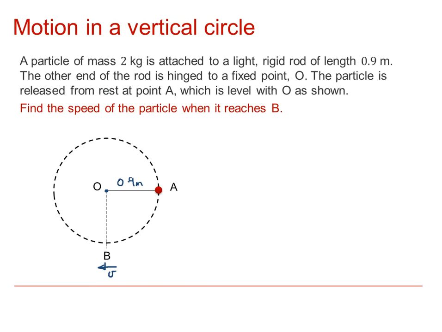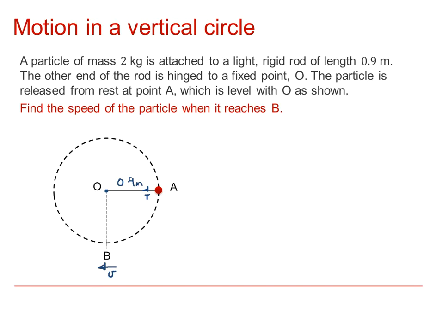At first sight you might think this is quite a complex situation because we've got a tension in the rod here. However, that tension is not moving, so there's no displacement taking place in the direction of that force. So we have a situation where there are no external forces doing work, and therefore we can use energy considerations to solve this.